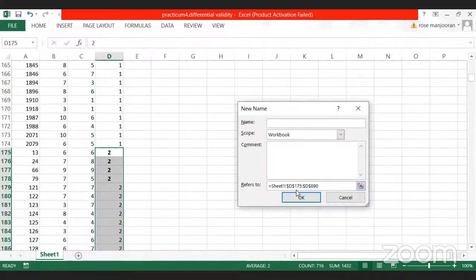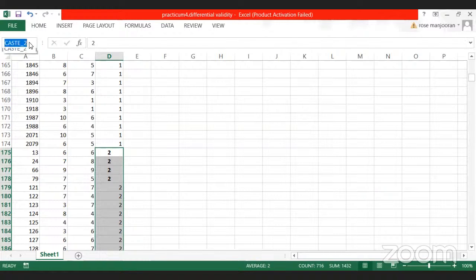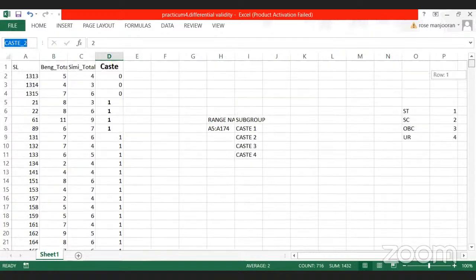Then we can see D175 to D890. So we are writing the name here, caste underscore 2. So we give OK. So it will be written caste 2. So we got the range from where 2 starts.